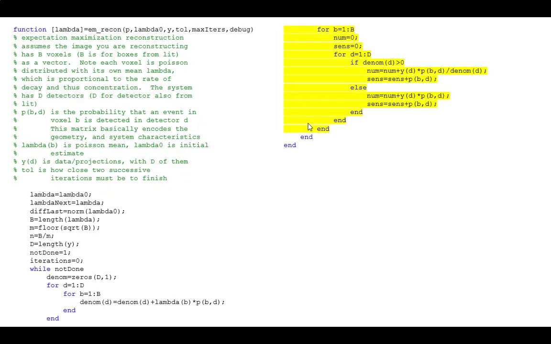Okay, so here's what I did for mine, right? Inside that B, I pre-initialize, of course, num and sense. Those are just running values in here to sum up, because like I mentioned, I can just use those for them, right? Then I've got my 4D, and I just walk around, and I add up those, right?